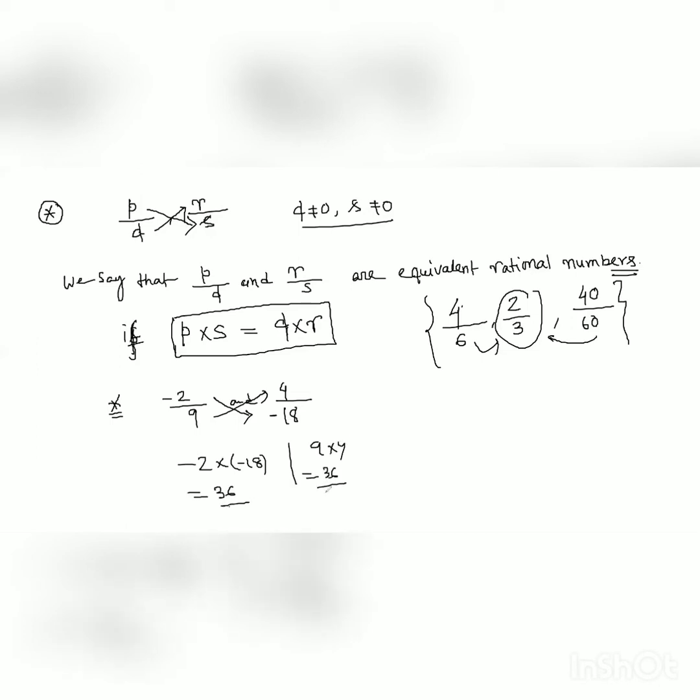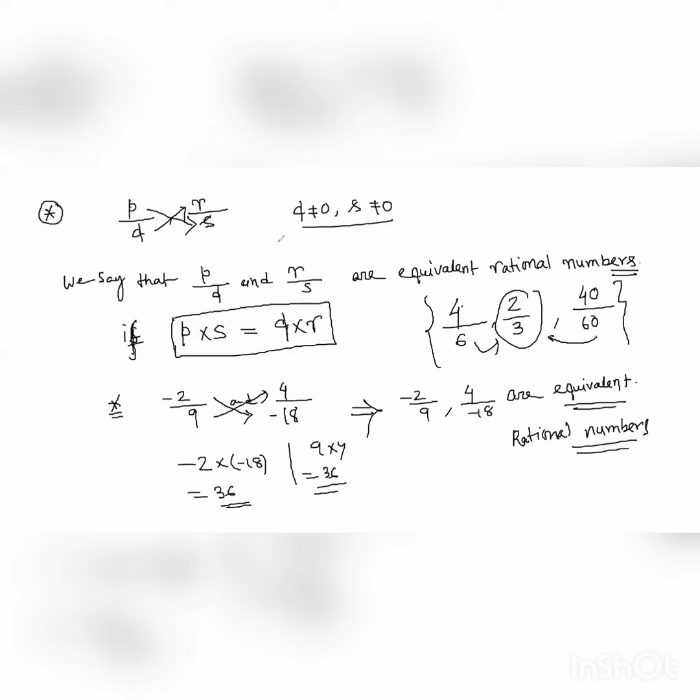So 36 equals 36. Therefore, minus 2 by 9 and 4 by minus 18 are equivalent rational numbers.